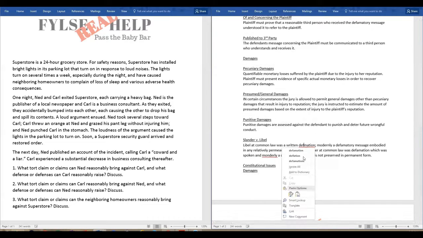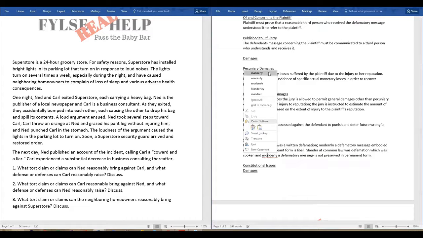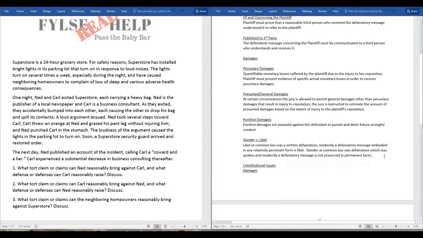So we do have a little bit of a modern versus a common law majority, but I think that's just because they didn't have the internet. We have the internet now, so it's a little bit different. So remember, when you're looking at slander and libel, you always want to look at slander per se. You also have your libel per quod, which is not apparent on the face of the communication that's defamatory.